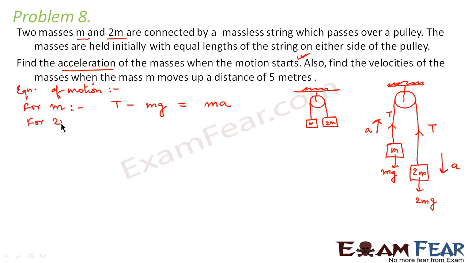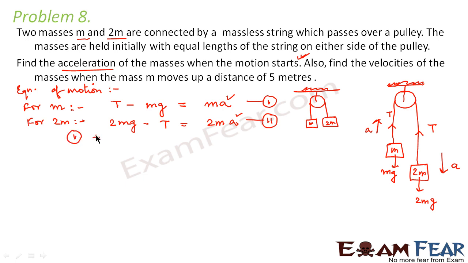Similarly, for 2m, since it is moving downwards, it would be 2mg minus T equal to 2m into a. These are the two equations which we found. From these two equations, we need to find the value of acceleration a.